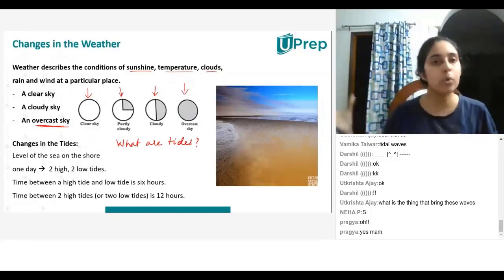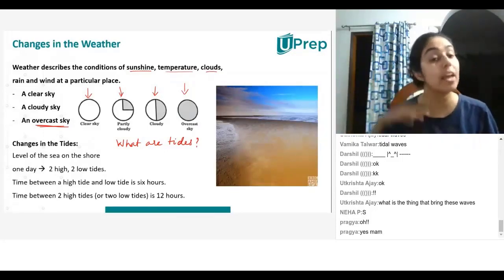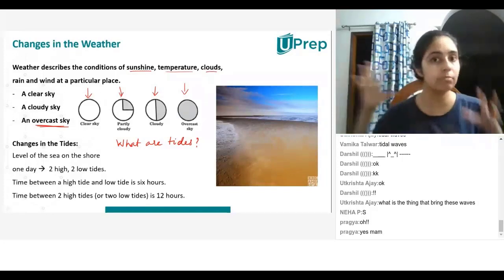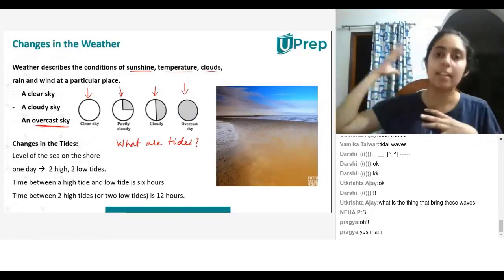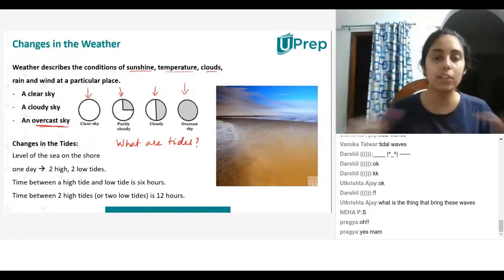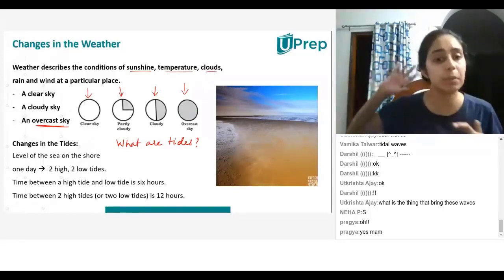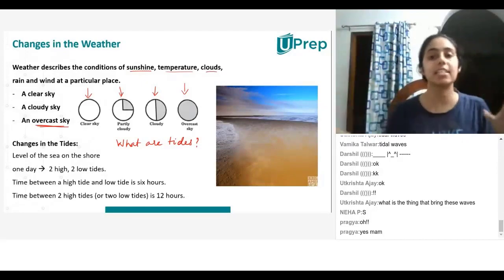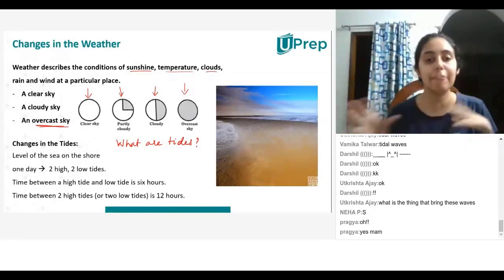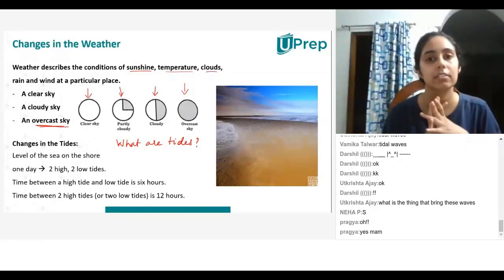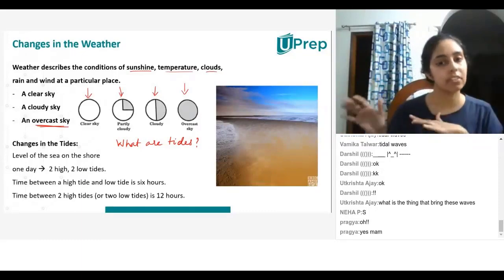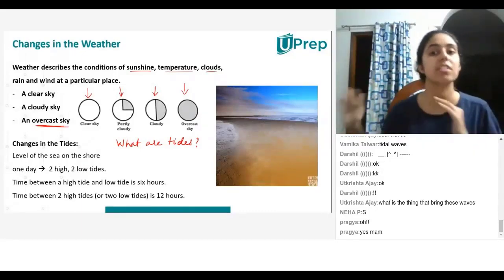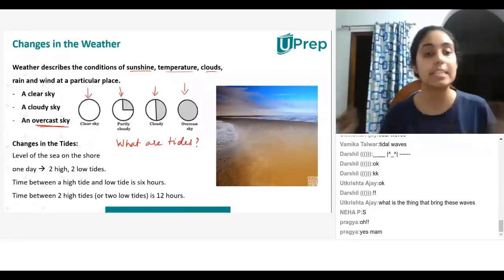Similarly, there is gravitation between the moon and the water present on the earth, and gravitational force between the sun and the water present on the earth. So these two things affect the waves in the ocean or in seas.